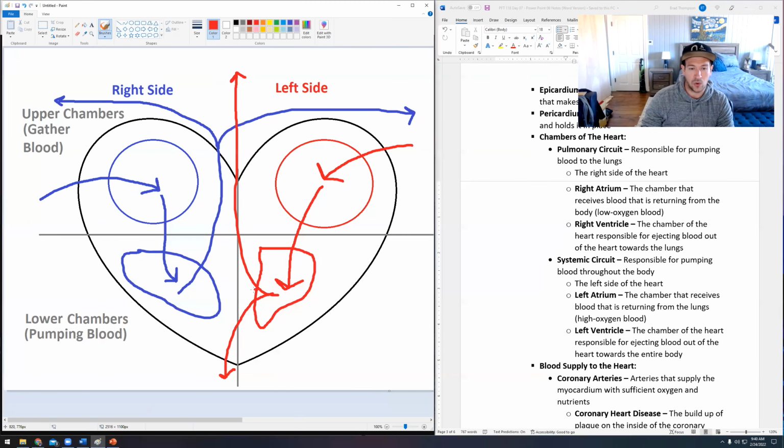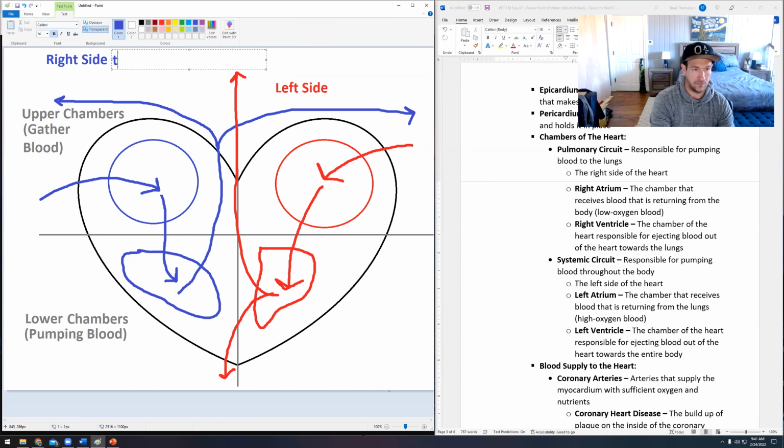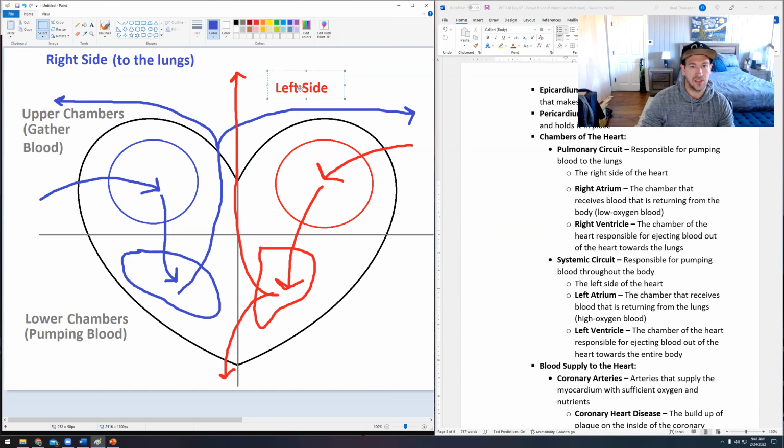And so there's your lower quadrants memorized, right? The lower chambers pump blood. The upper chambers are going to gather blood, but this chamber pumped it to the body, and this chamber pumped it out to the lungs. So the right side goes to the lungs, and the left side goes to the body.